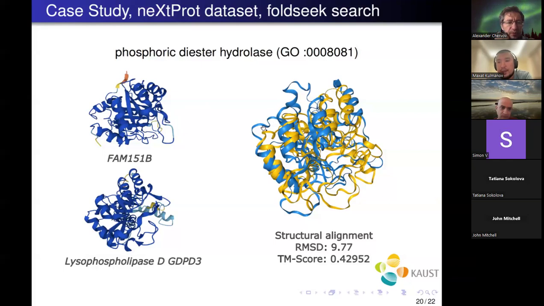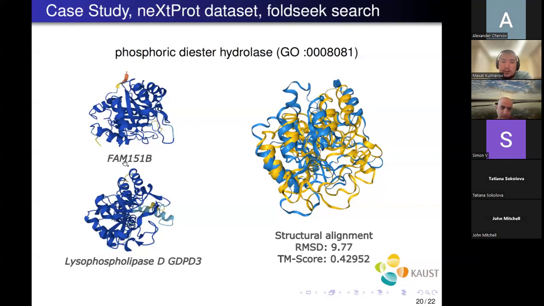Maxat, here, both proteins are human, or it's only the first one? I think both are human here. Okay, both are human, thank you. There are also, I think, some in other organisms. They are also annotated to this function, but when I looked at their annotations, they were not experimental.